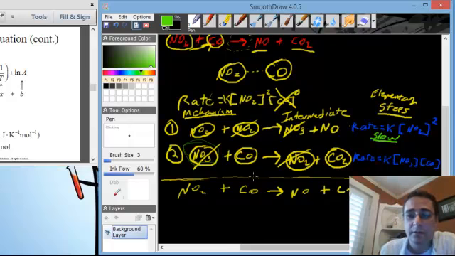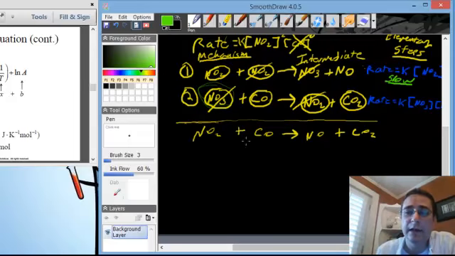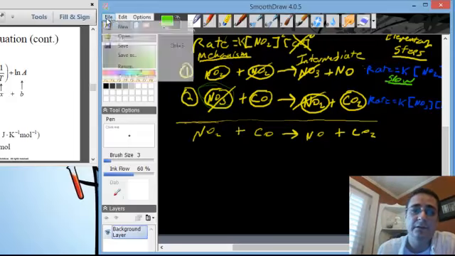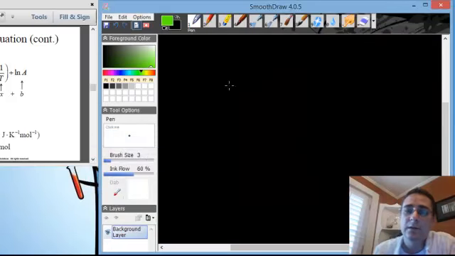Okay, so what is the lesson here? A couple things you need to get out of this. The first thing you need to know is what makes a mechanism valid.